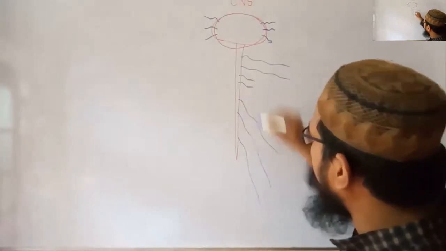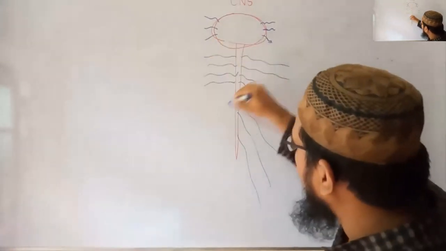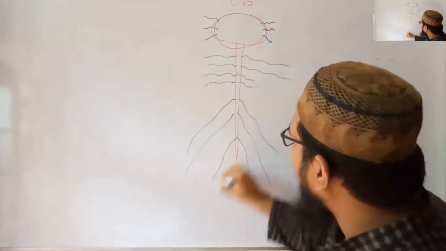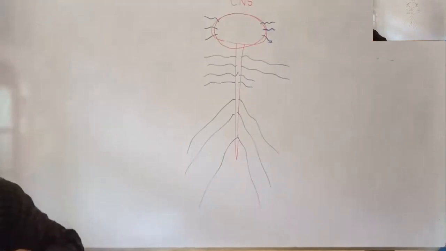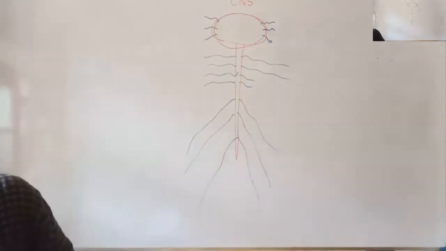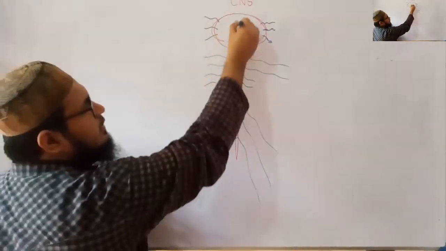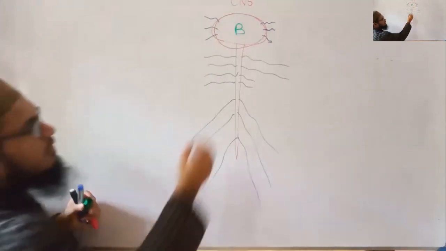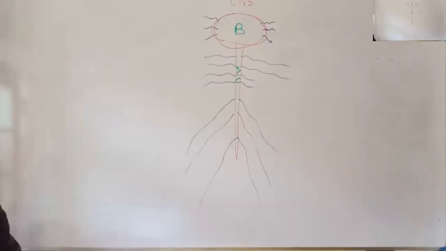Whatever I have drawn in blue color is the peripheral nervous system. In the left side you have peripheral nervous system, right side also you have. In the center, it is the central nervous system. I hope it's clear. And in the central nervous system, you have two parts: one is the brain and the other one is the spinal cord.